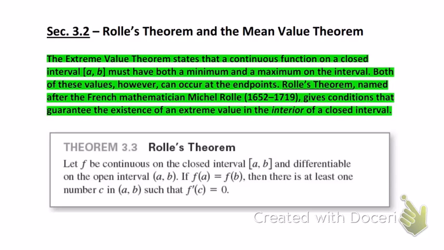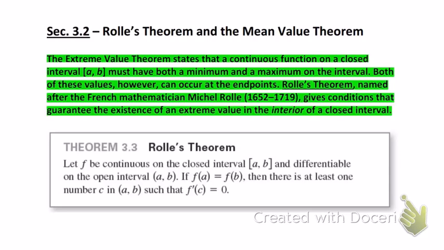Now, what does that tell you? If the derivative is 0, what does it tell you? That means you've got a tangent line that has a horizontal slope, right? That's what that means. And so Rolle's theorem says we've got a continuous function, could be a straight line.